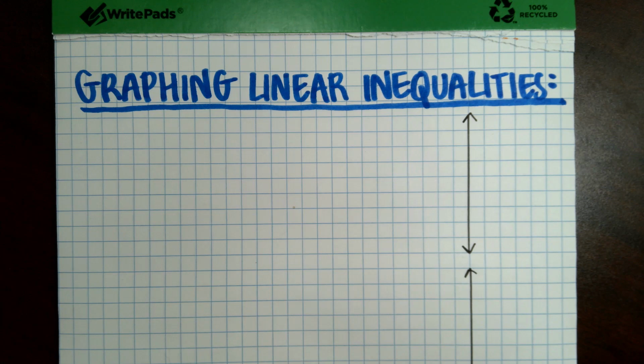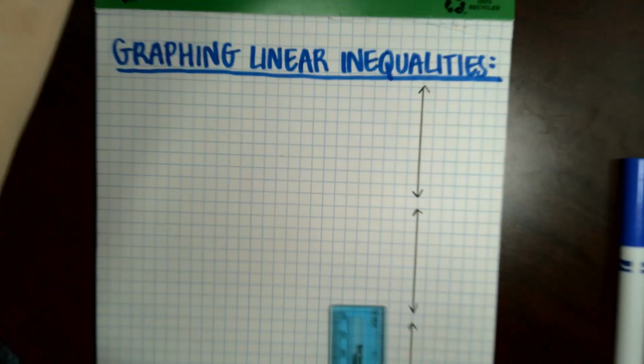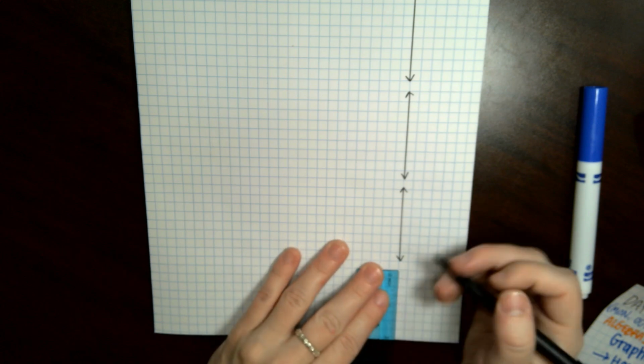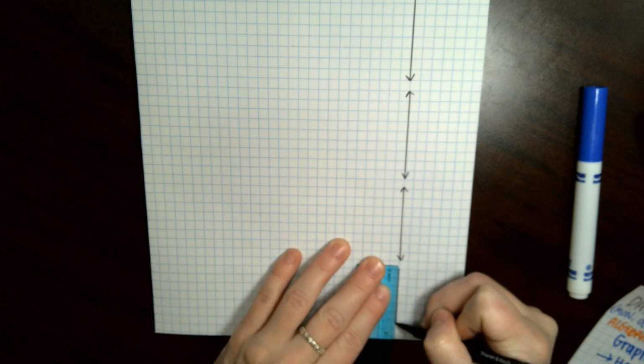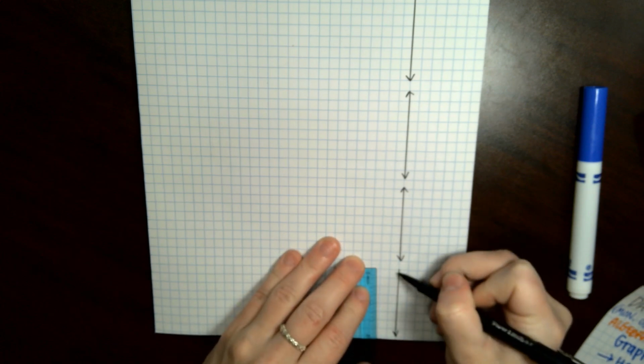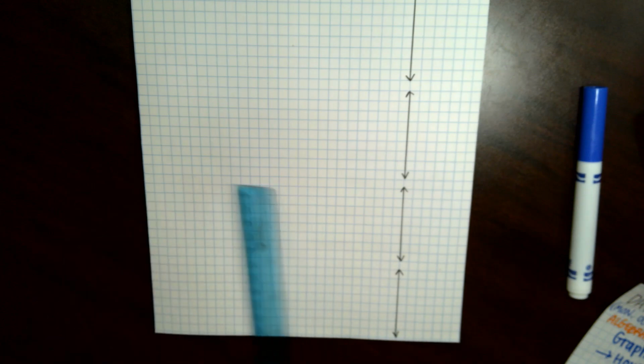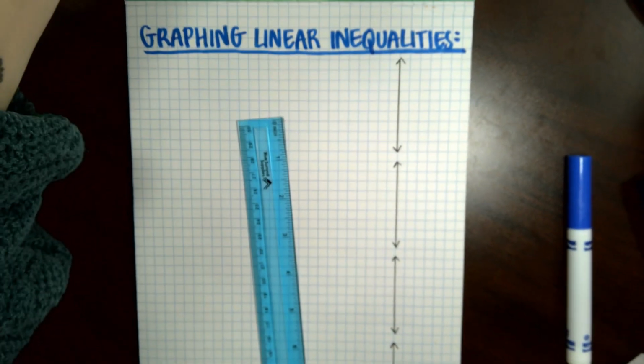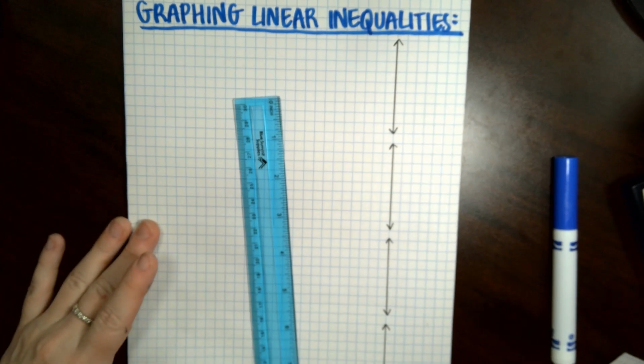Hope I made enough room for 4 because we need 4 of them. 3. And 4. It's alright if they're not perfectly even and the same size. Just want to be able to fit 4 of them on your page so we can see all the 4 types.